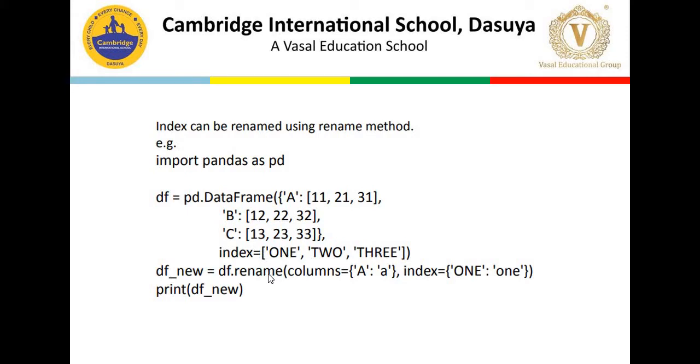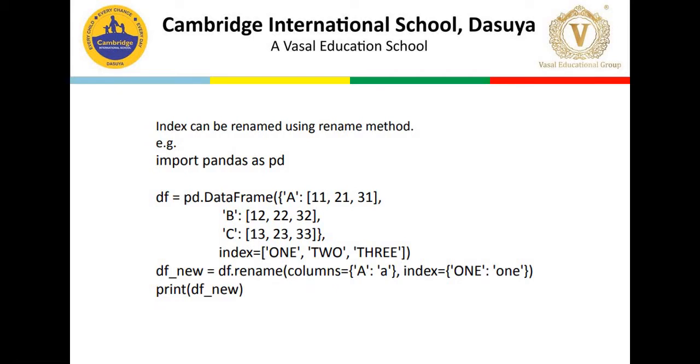Here we want to rename this column name from capital A to small a, and similarly rename the index 1 from capital 1 to small 1. So how can we do this?